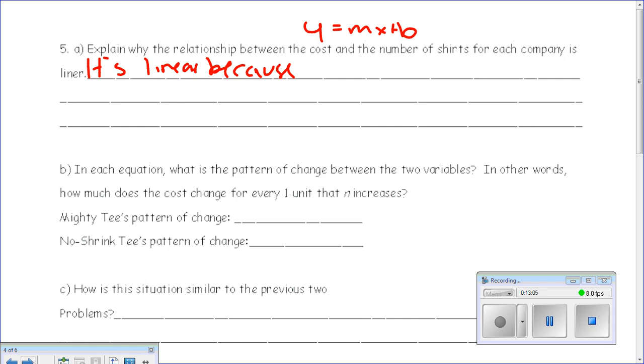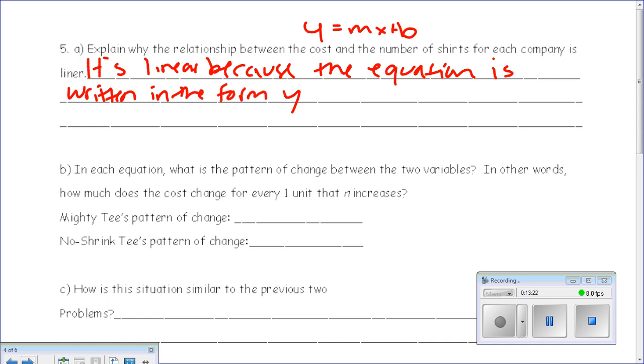So we know that these are linear because the equation is written in the form y equals mx plus b. And the rate of change for both of them is constant.